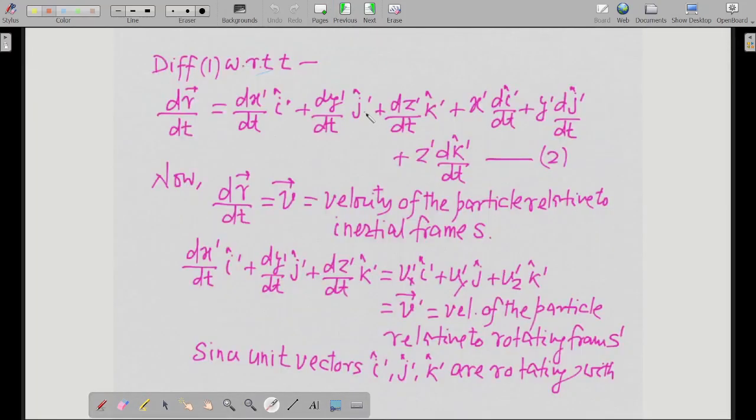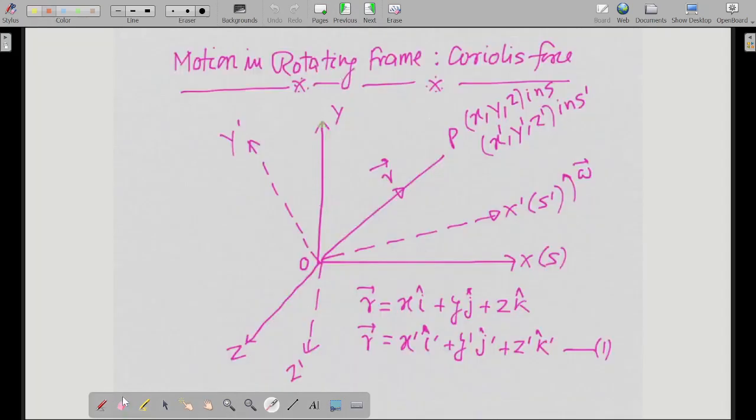This is your x prime, so dx prime by dt will be equal to the rate of change of x coordinate with respect to S prime frame, right?